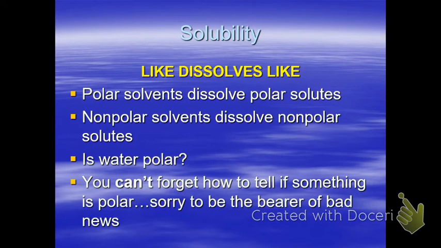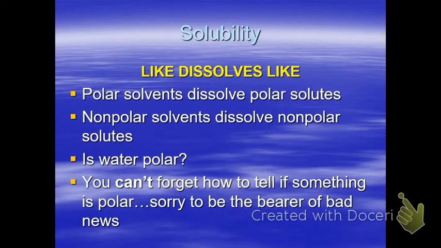And I hate to be the bearer of bad news, but guys, you cannot forget how to tell if a covalent compound is polar or not. If you go back and look through your notes, we had this big chart that had all of the different shapes on it. Remember, like tetrahedral, trigonal planar, those kind of shapes?